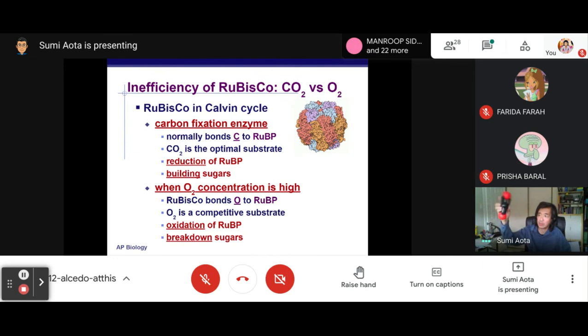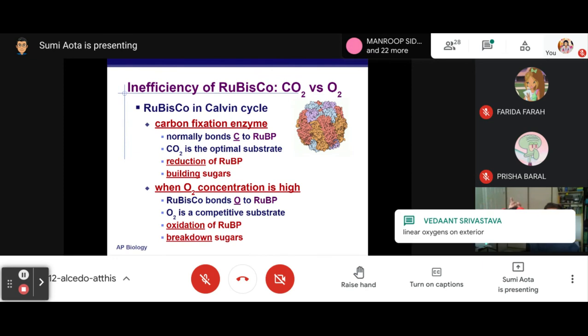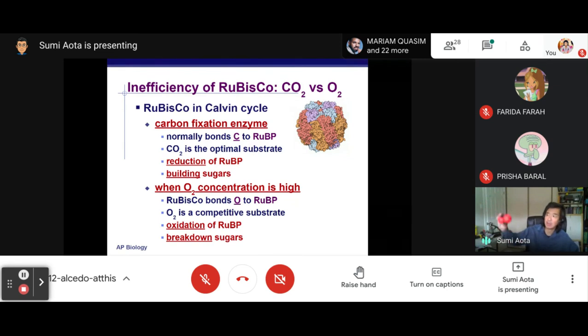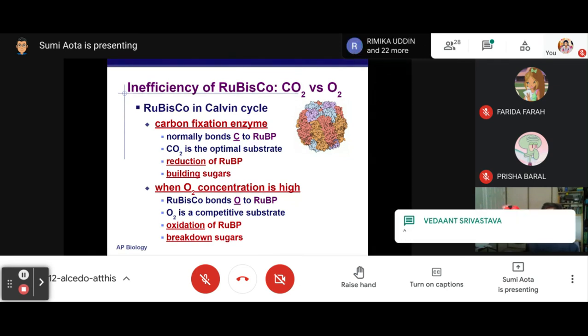CO2, what's its structure? How would you describe its structure? Okay, it's linear. How would you describe this molecule? Exactly the same, right? It's a linear molecule.